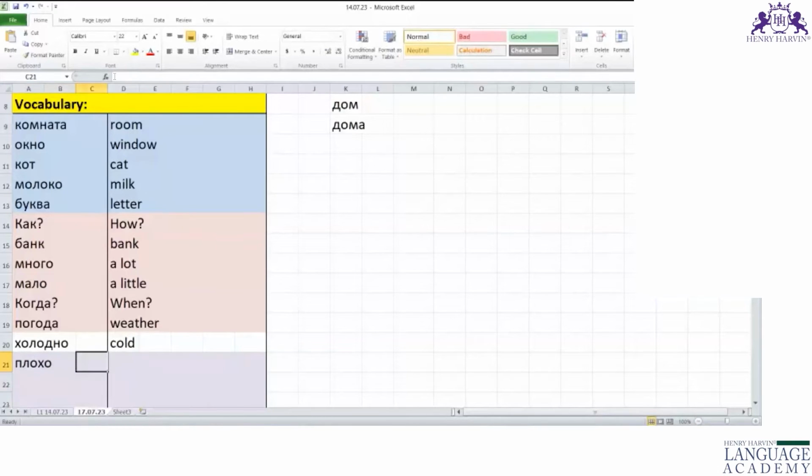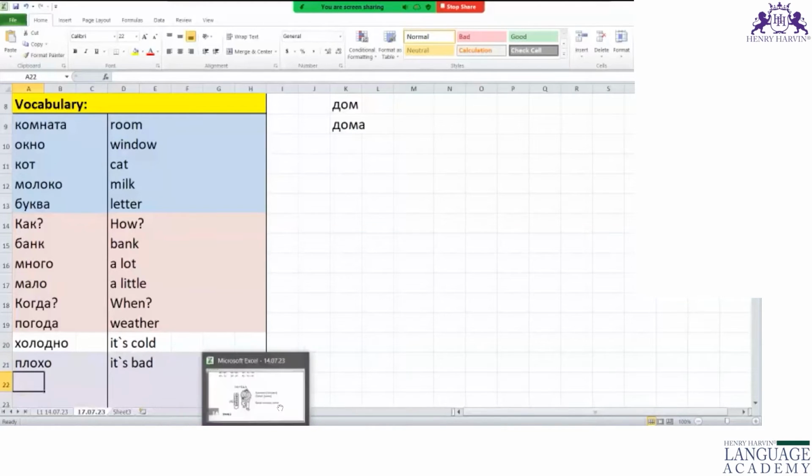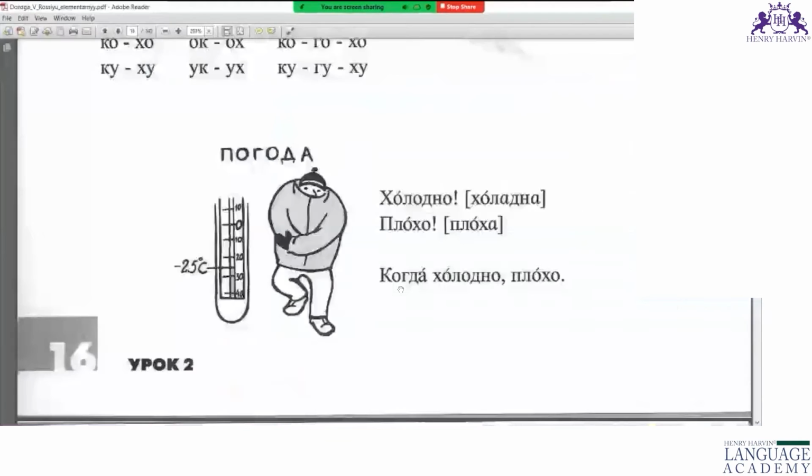Okay, please write not just cold, but it means it's cold, because it is an adverb here. And here same, it's bad. Холодно. Плохо. And here we have a sentence. Когда холодно, плохо. When it is cold, it's bad. Padma Priya, please read the sentence.